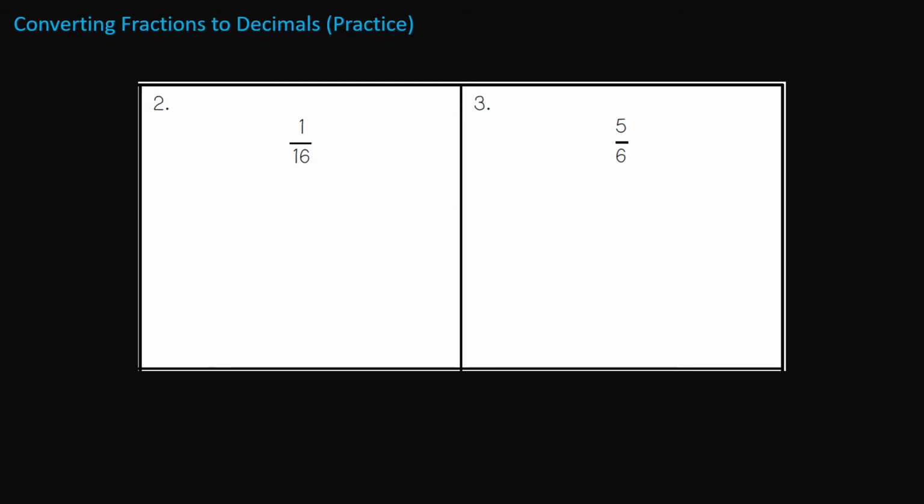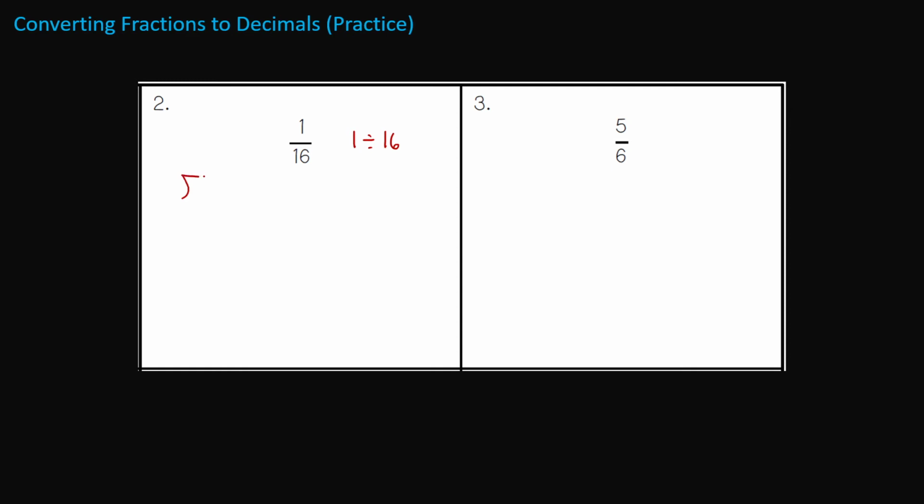So let's try converting fractions to decimals. First we're going to take a look at number 2. I am skipping around here. Let's look at number 2, and the fraction is 1/16. What we want to do is think of this as 1 divided by 16.